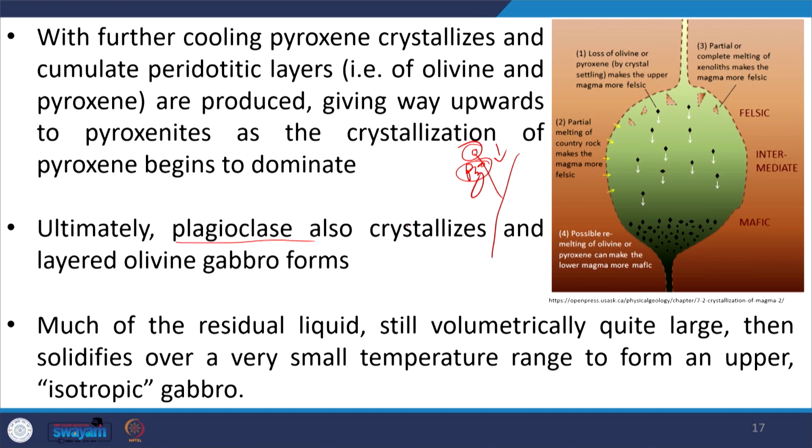So, ultimately plagioclase is also crystallized and layered olivine gabbro is formed. Much of the residual liquid, still volumetrically quite large, then solidifies over a very small temperature range to form the upper isotropic gabbro. So, that means we have this isotropic gabbro here, then we have layered gabbros here.